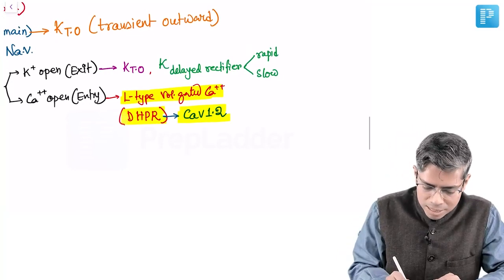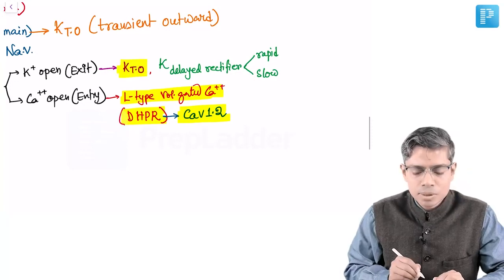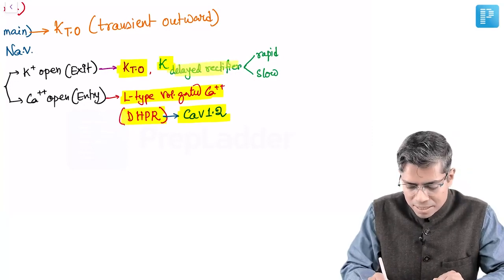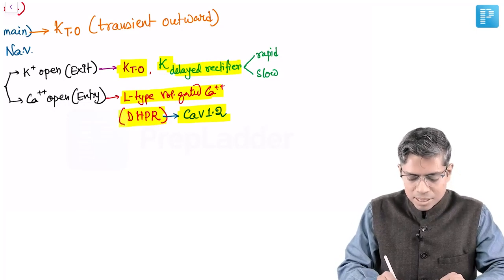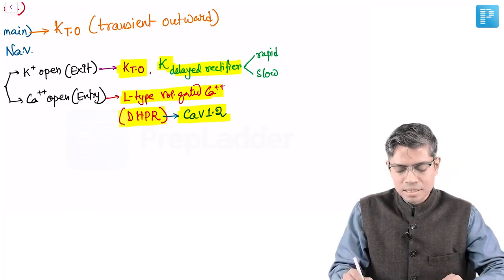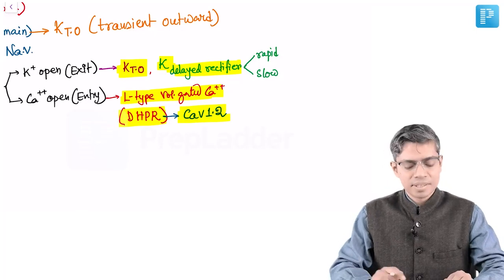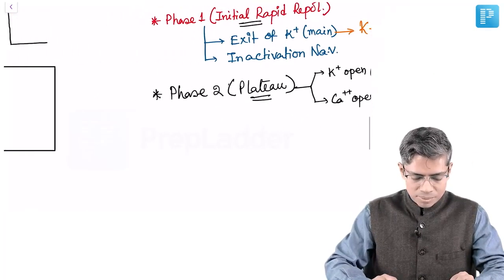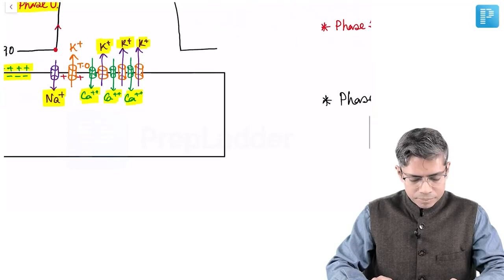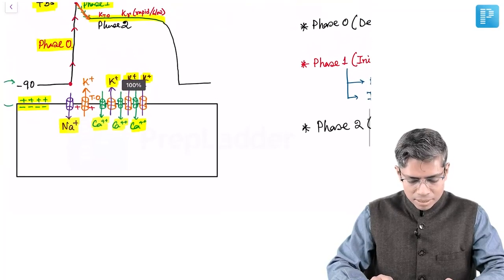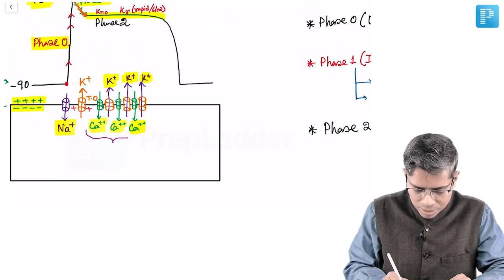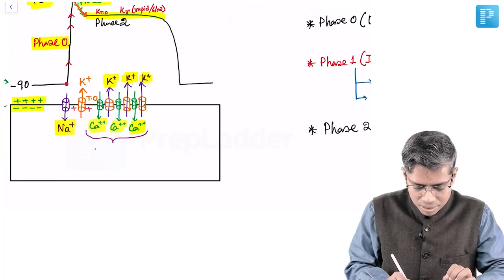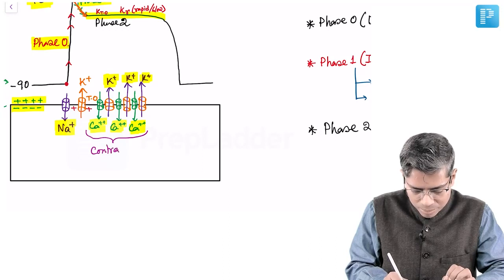So now we know the names of the potassium channels in phase number 2, that is Ito and the delayed rectifier potassium channel, and we know the name of the voltage gated calcium channel, that is the DHPR channel or CaV 1.2 type of channel. So this is about phase number 2. Now you have to remember one thing, that the calcium which is entering in phase number 2 will initiate the contraction of the cardiac muscle.